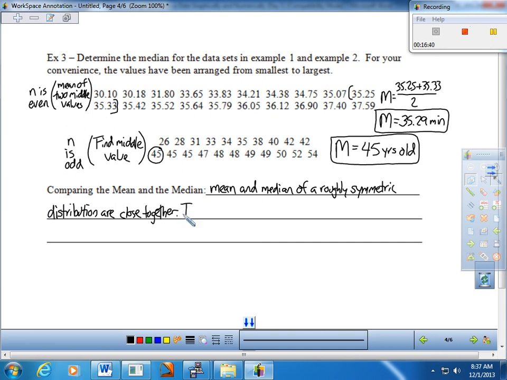However, in a skewed distribution, and here's what we're going to see, I think, with at least one of these, the mean is usually farther, let me get this straight for you, farther out in the long tail compared to the median.